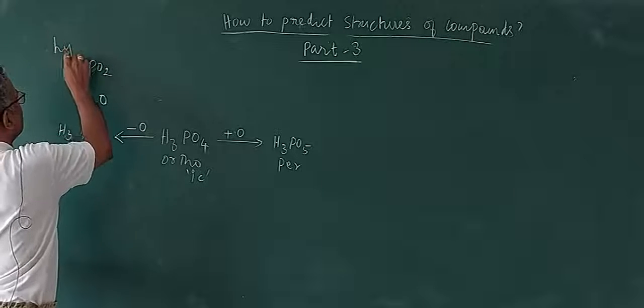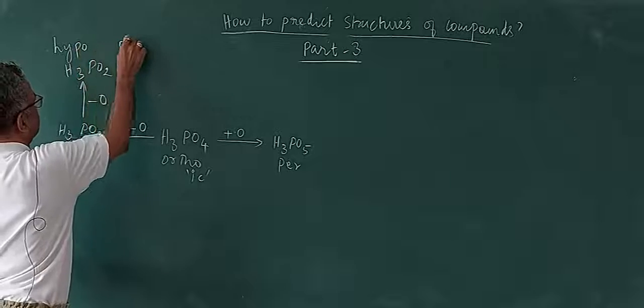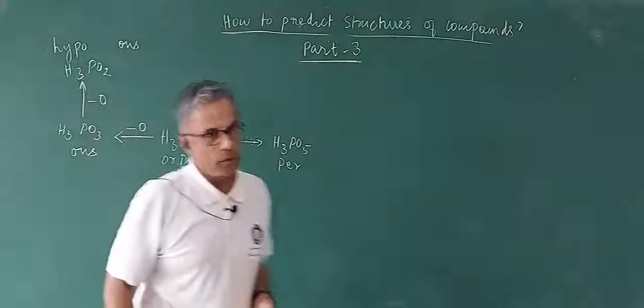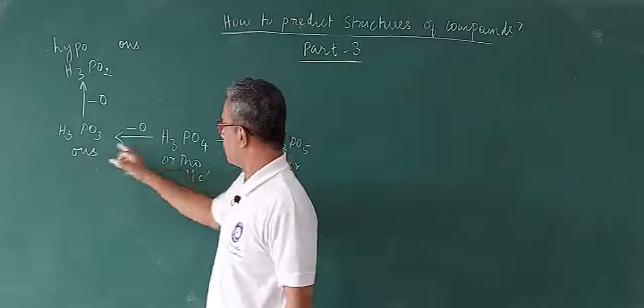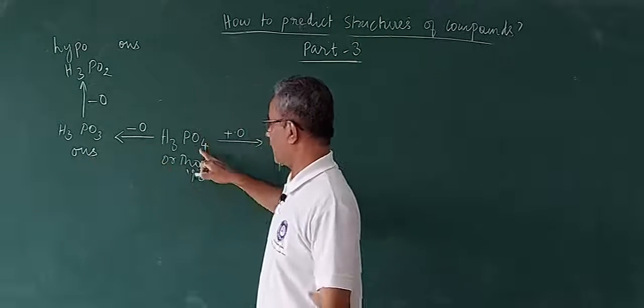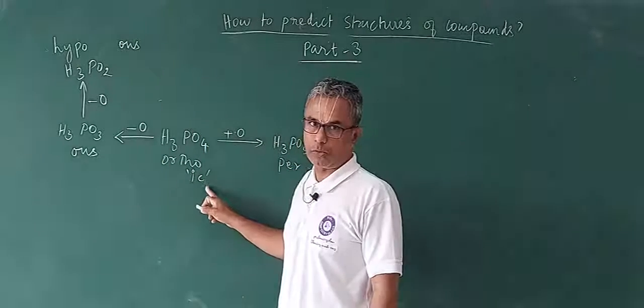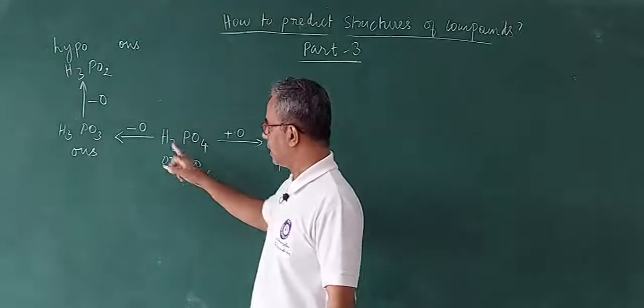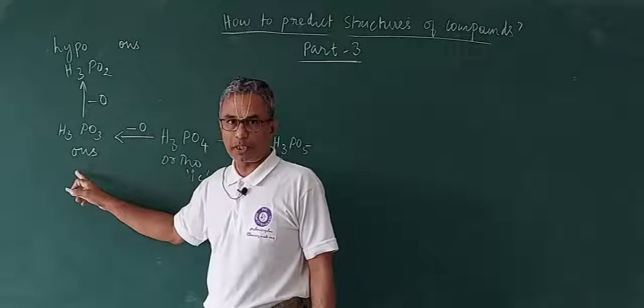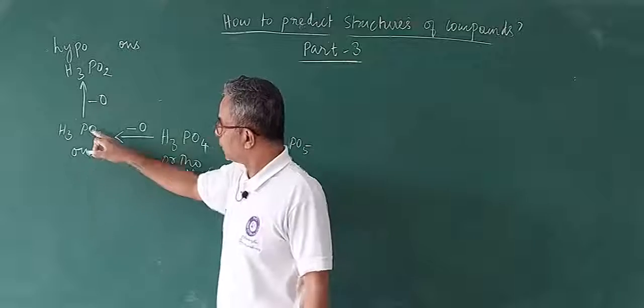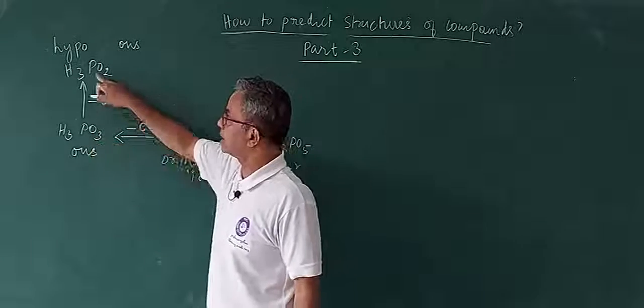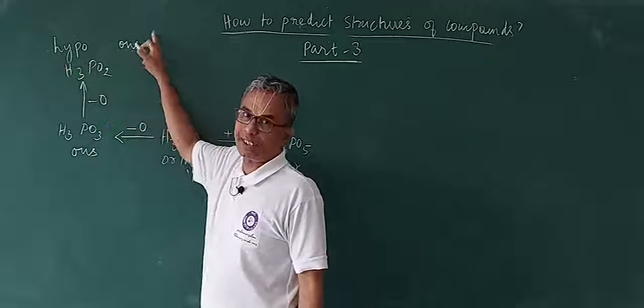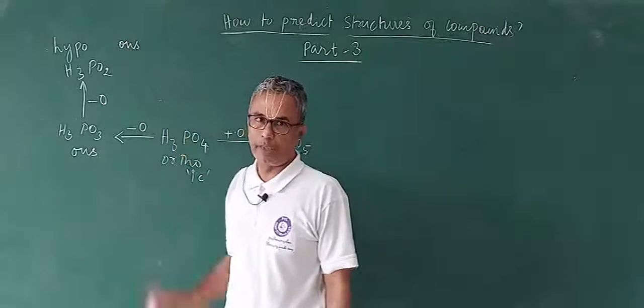This will be called hypophosphorous acid. You take phosphoric acid, orthophosphoric acid, the ic acid. You remove one O, you call that phosphorous acid. You remove one more O from this, we call that hypophosphorous acid. Okay, that's how you have to remember the names.